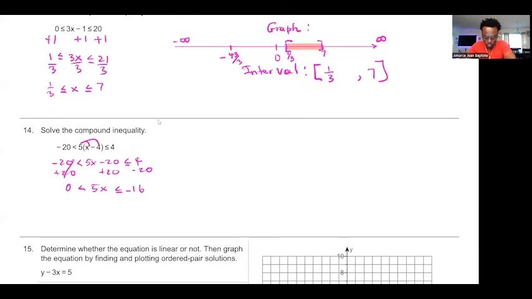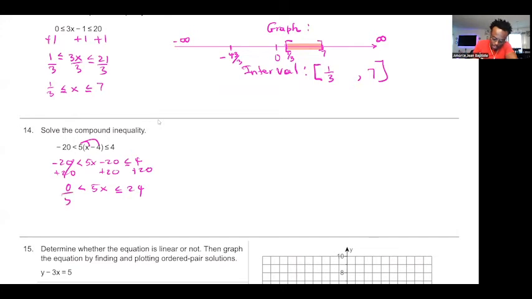Let me check this, making sure negative 20 cancels for 0. And then should we be adding 20 here? So that's going to be 24, because we're adding, not subtracting 20.